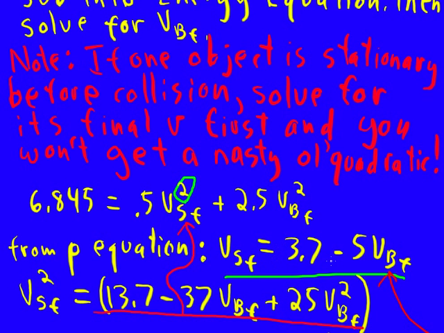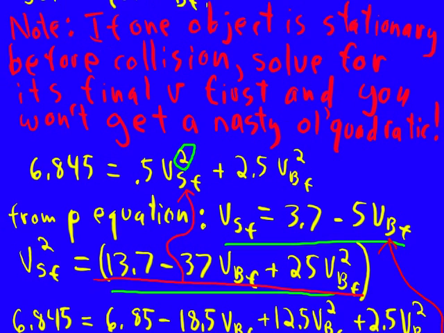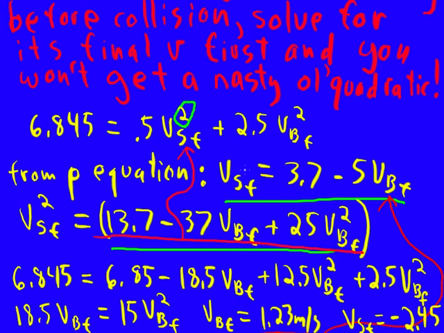I square 3.7 minus 5 VBF, and I get this. You should know how to do that. That gets substituted into here. It's going to be kind of complex, but take your time, work it out, and you end up with an equation with just VB final in it.